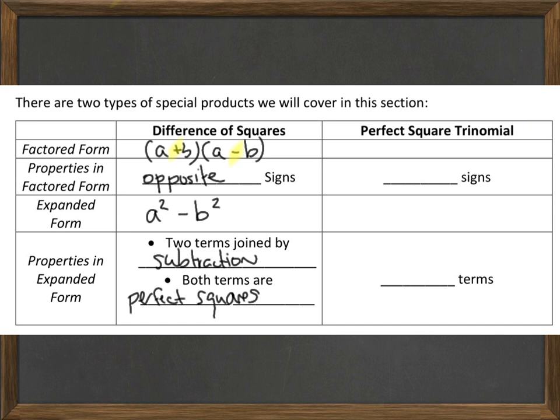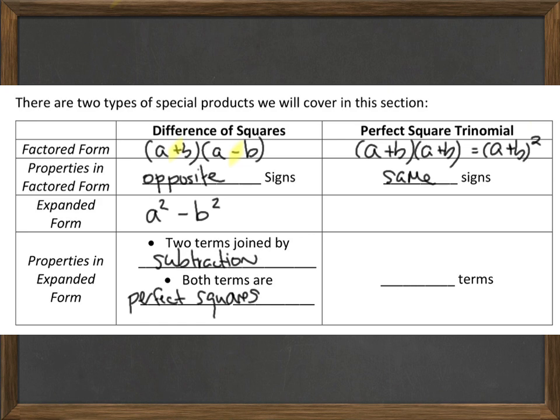Let's now turn our attention to a perfect square trinomial. In factored form, this is going to look like a plus b times itself, or you could write this even more simply as a plus b quantity squared. Notice that instead of having opposite signs, this time we have the same signs.